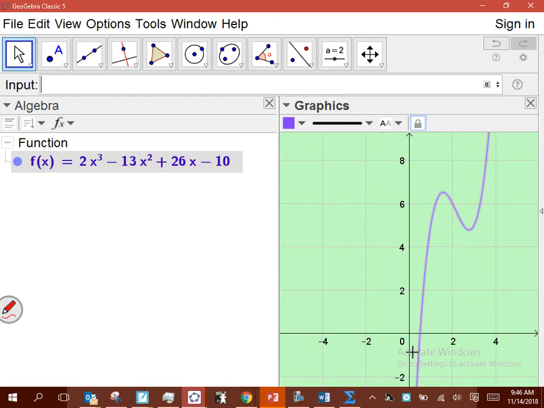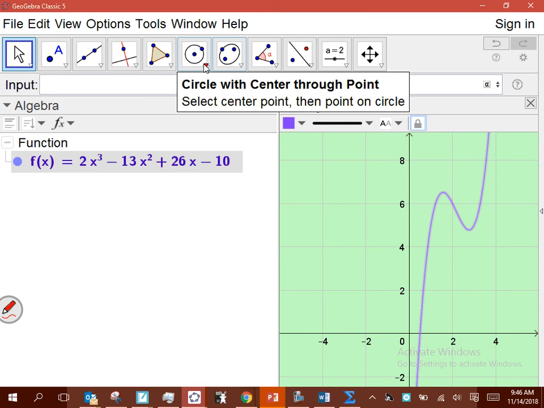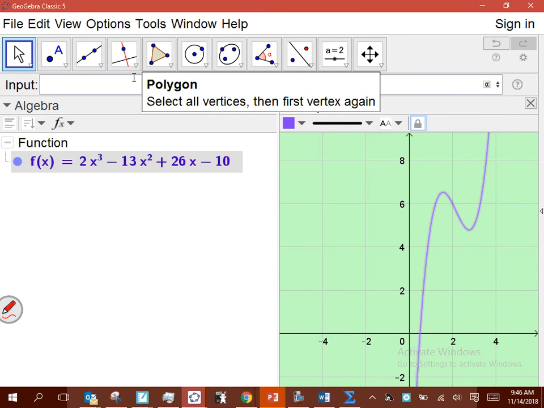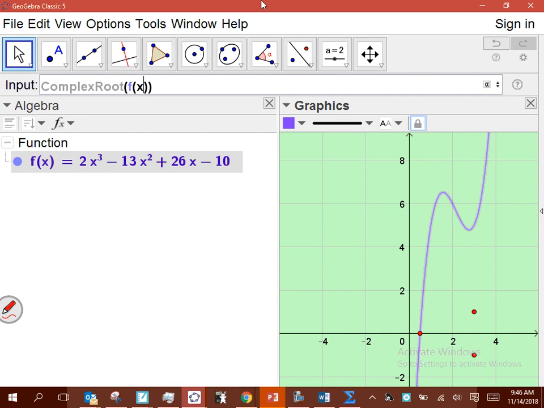I'm going to go one step further because GeoGebra has this capacity. I don't know if Desmos has this. If I type in complex roots, I've got to follow the notation. It's got to be complex, capital C, root, capital R. And now I just type in my function. Now I need to type in 2x cubed minus 13x squared, and so forth, or just type in f of x, and hit enter.